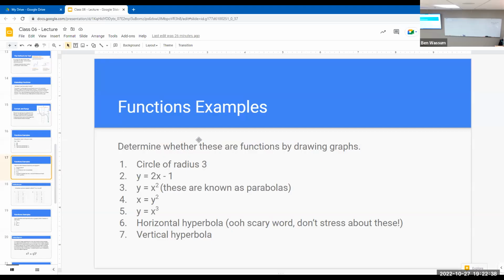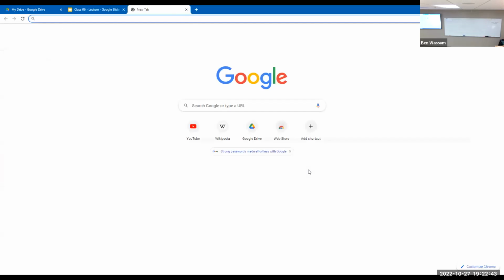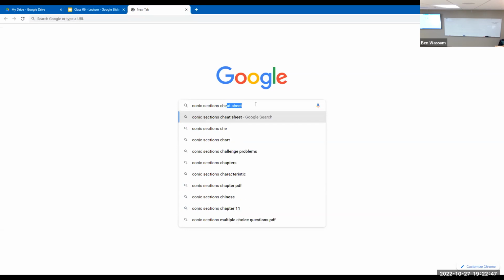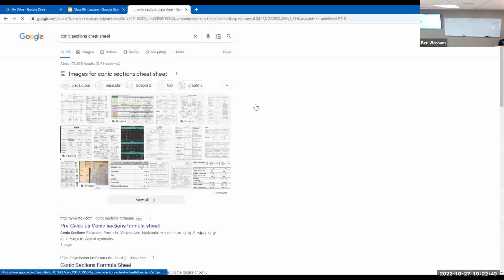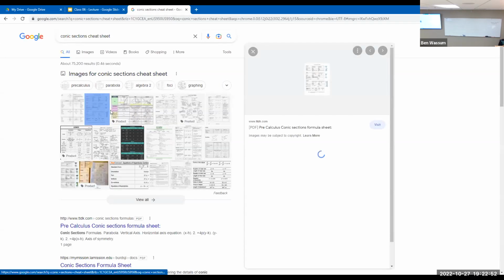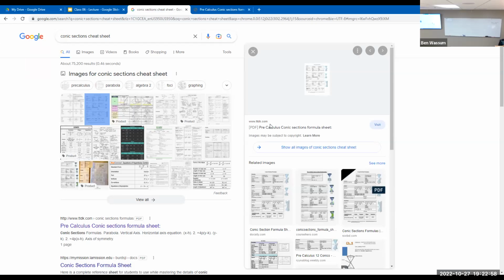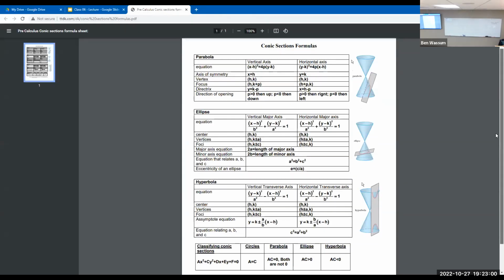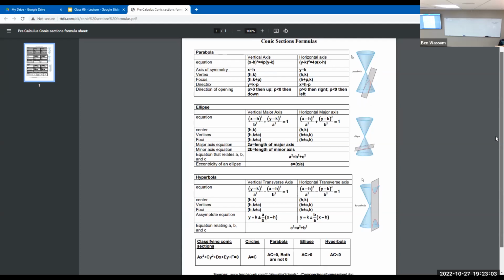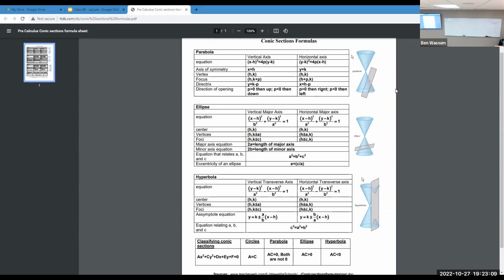So what's the equation of that hyperbola? Let's see if I can find my usual go-to. I already found my go-to. When people were in this section, I would print off this sheet and I would say, cool, this is the entire chapter that they would go over, right? Isn't this horrifying looking?